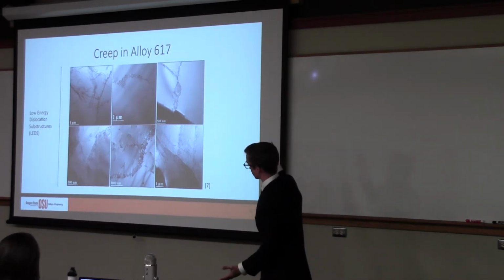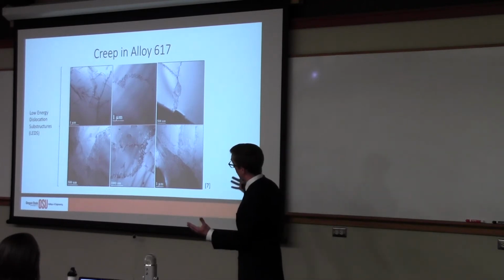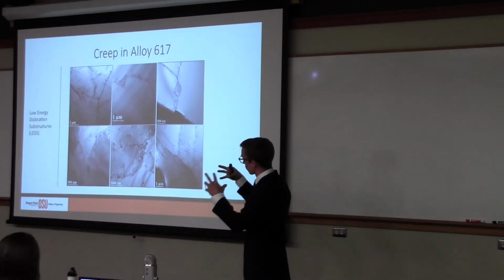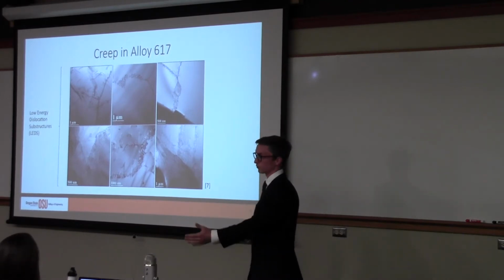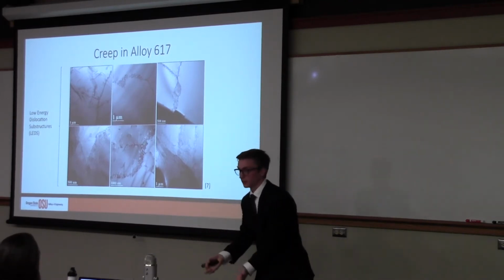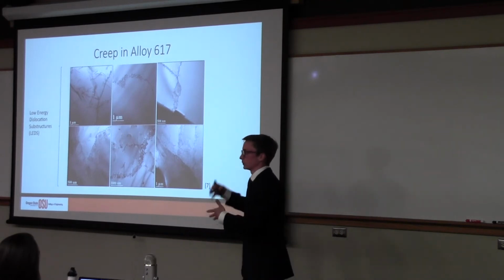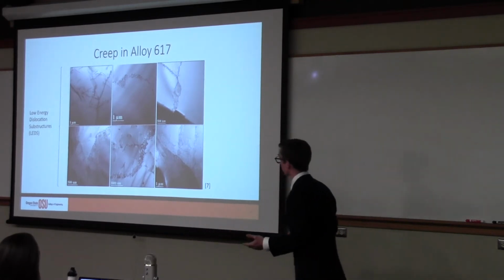That's the picture we're showing. Dislocations will form into these nice little substructures, and then the mobile dislocations that are left over have a longer mean free path, which generates high strain rates that give you the onset of the tertiary regime.